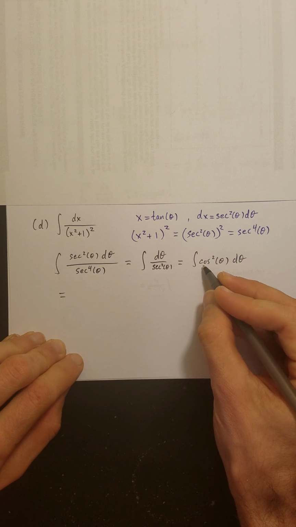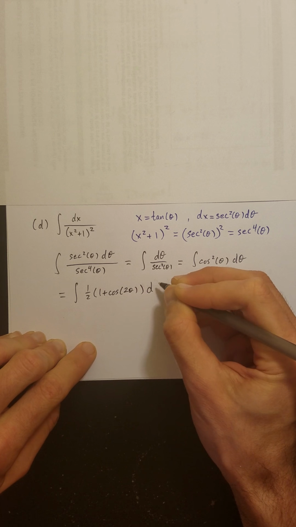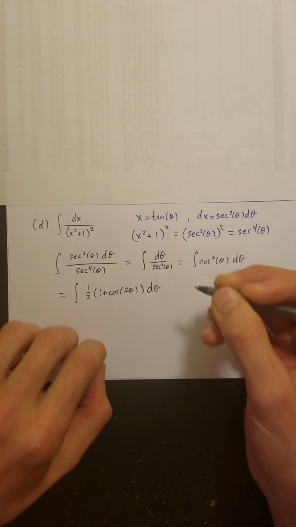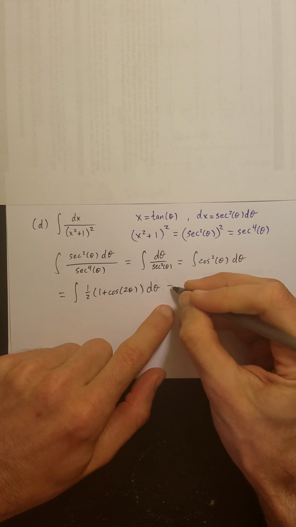Either way, we know that we can use the half angle identity to rewrite cosine squared theta as 1/2 times 1 plus cosine 2 theta, d theta. All right. Now we have that this is equal to 1/2. I can pull my constant multiple out, not an issue, doesn't depend on theta.